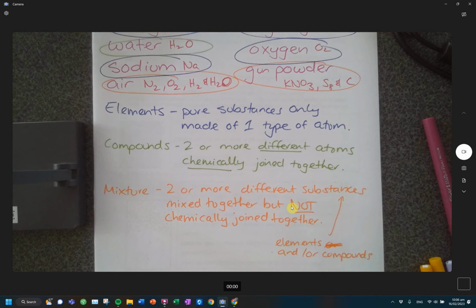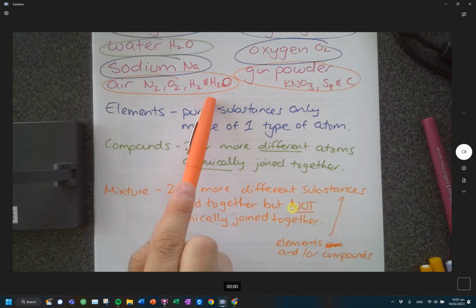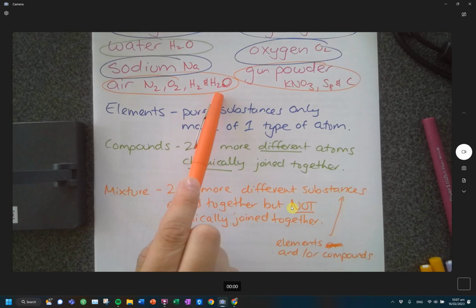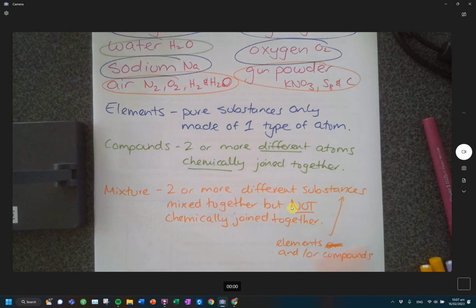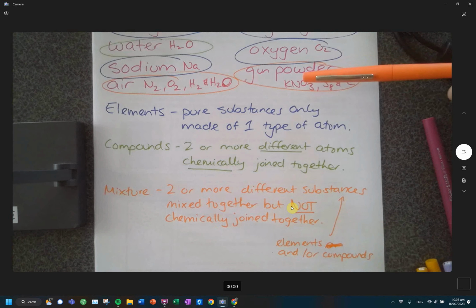So when we look at some examples, up here with air, we have a mixture of elements and compounds because the nitrogen, the oxygen, the hydrogen, those are all elements. The water is now an example of a compound. This one here is a mixture of elements and compounds.